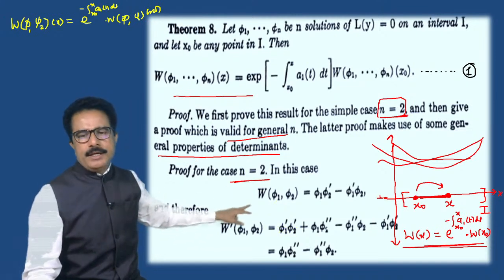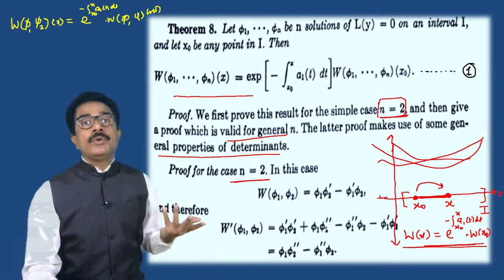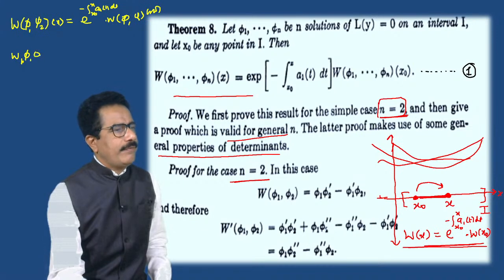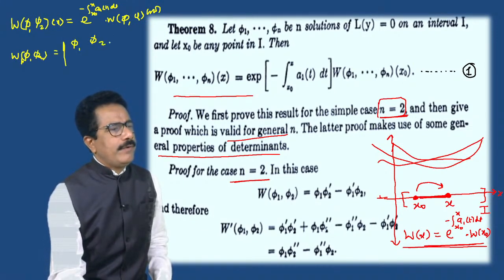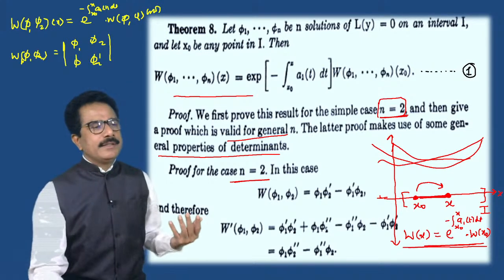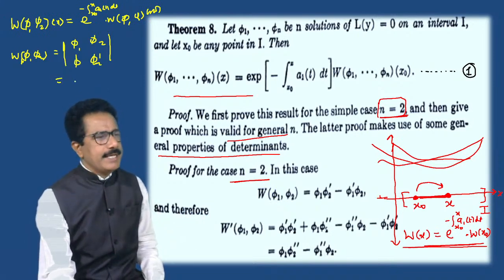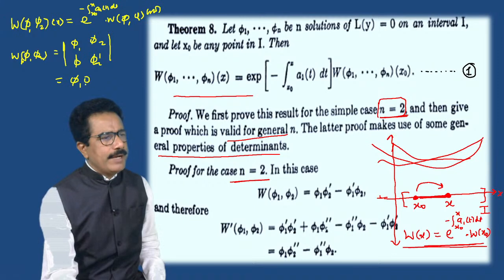Now see this, the Wronskian of phi1 comma phi2. What is the definition of the Wronskian of phi1 comma phi2? The Wronskian of phi1 comma phi2 is the determinant with rows phi1 phi2 and phi1 dash phi2 dash. Now you know that the determinant is the cross product, so we get the result as phi1 phi2 dash minus phi1 dash phi2.